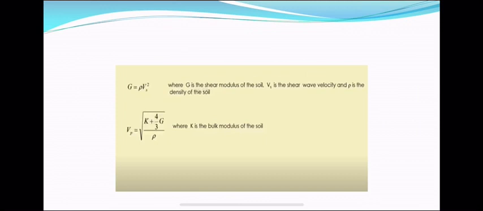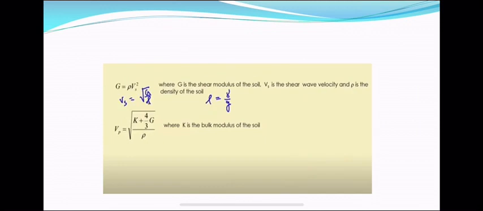Similarly, K is the bulk modulus of the soil. If I know Vp and G, then we can calculate the bulk modulus of the soil. So these are the moduli that we are getting from the velocity. Ultimately, from the velocity we are getting the soil properties as well as the thickness of the soil layer.